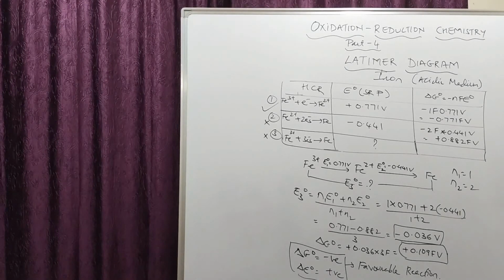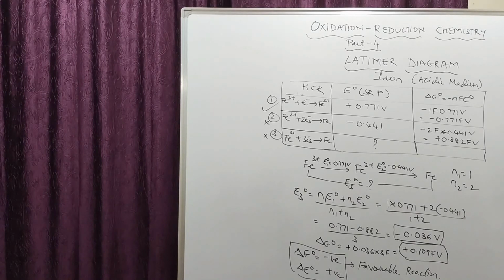Alright, so this is the simple example of a Latimer diagram so that you can understand what a Latimer diagram is all about. It's the simplest way of representing the stepwise half-cell reactions. They involve the various oxidation states of the elements. And with that, they also involve the SRP values, that is the standard reduction potential values.